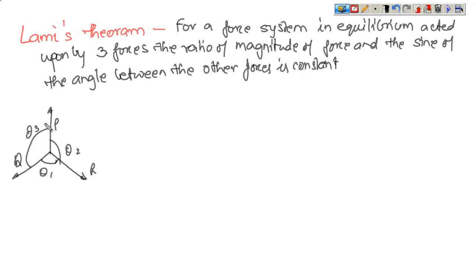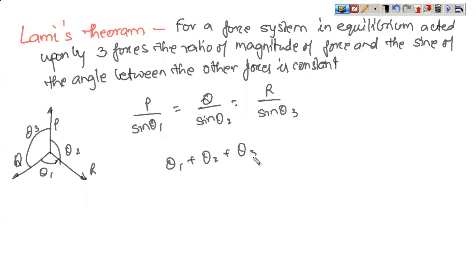So if the system is in equilibrium, then P by sine theta 1, the angle between the other two forces Q and R, is equal to Q upon sine theta 2, the angle between the other two forces P and R, and R divided by sine theta 3, where theta 1 plus theta 2 plus theta 3 will come out to be equal to 360 degrees.